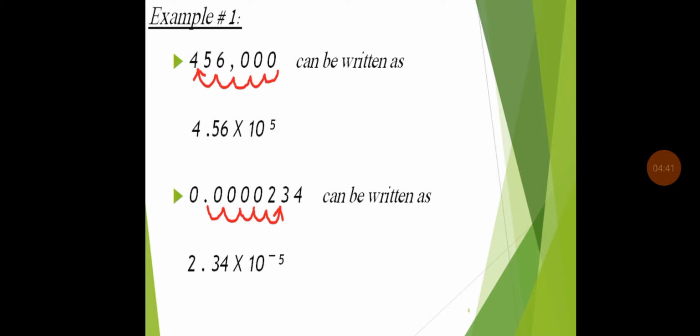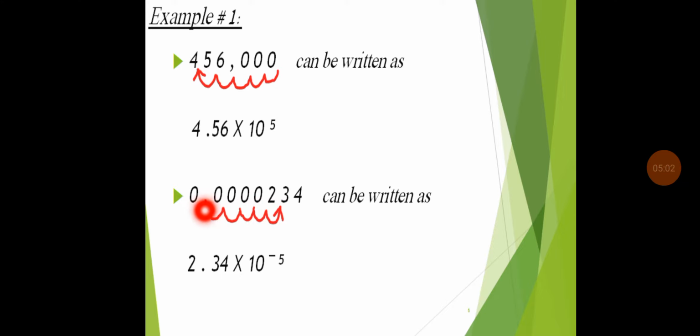Now we have a very small value, that is 0.0000234. It can be written as follows. Here the decimal is already present, and it will also be shifted after the first non-zero digit. In this value, the first non-zero digit is 2.